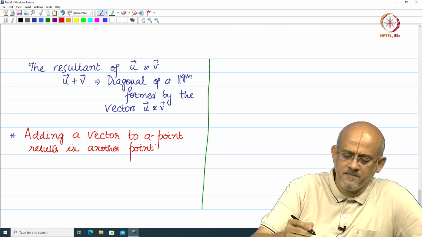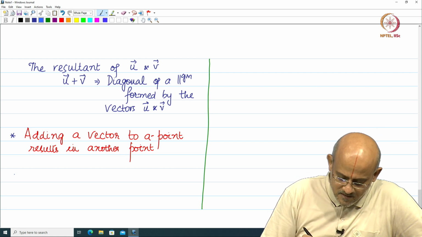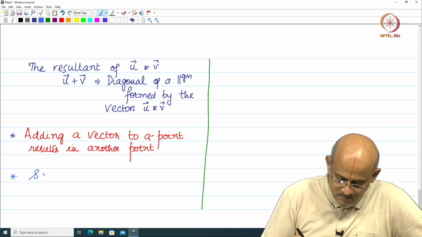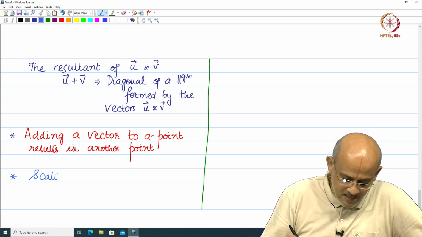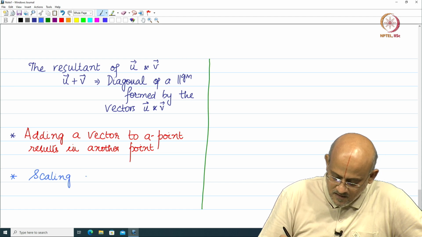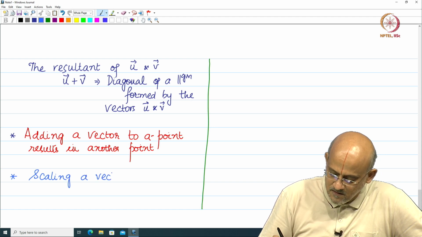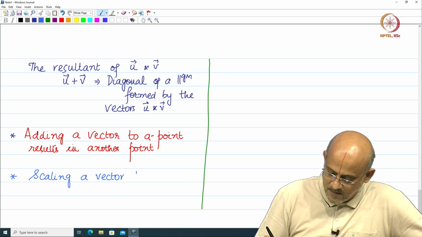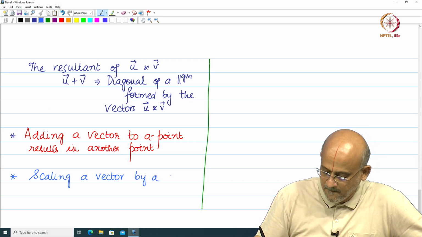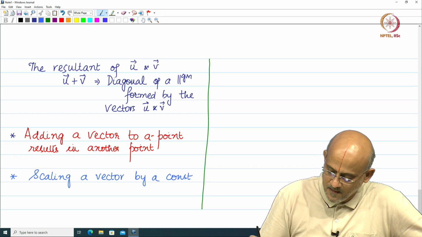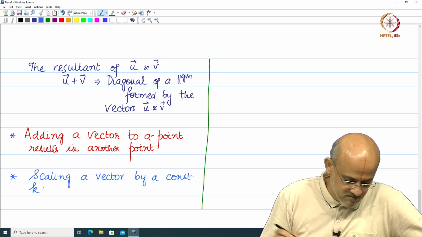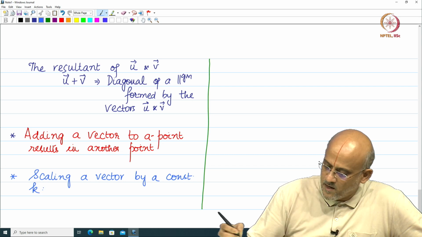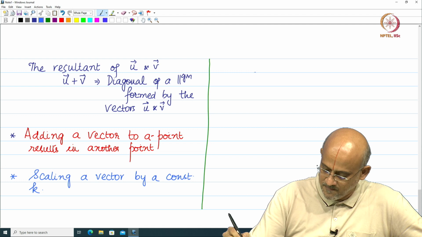The fourth operation that we are trying to look at is basically scaling a vector. We can do the scaling by a constant k. So, what is it to say scaling a vector by a constant k?